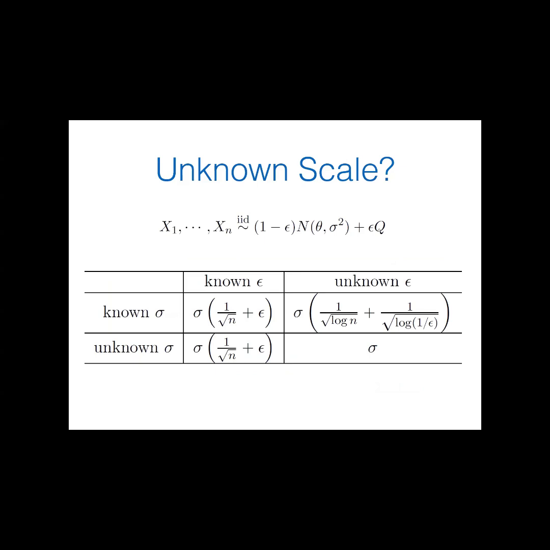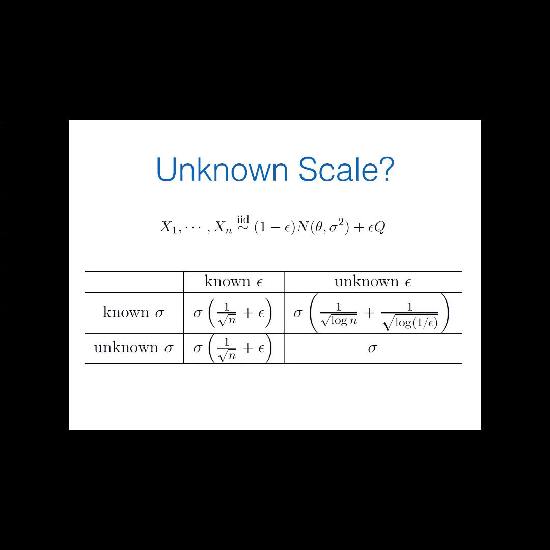Okay? The subtlety of the problem is summarized in this table. And I want you to take a look at this entry. It says, if you do not know epsilon, and on top of that, you do not know sigma either, then we can show the optimal length of the confidence interval is just constant, does not depend on sample size anymore. So this is very much like what you just saw in the Laplace case.